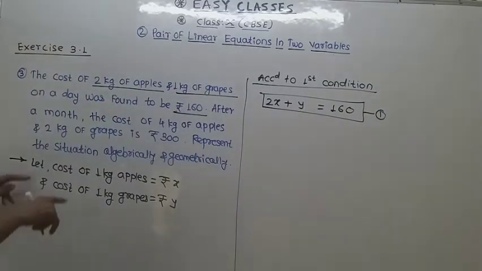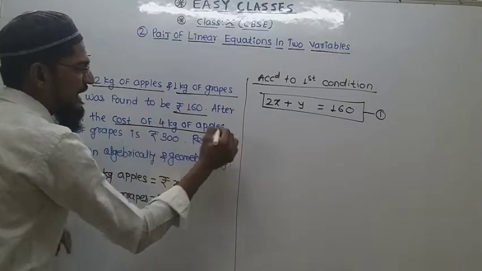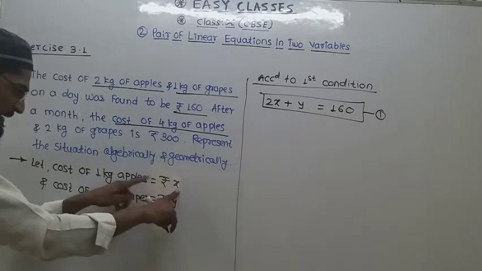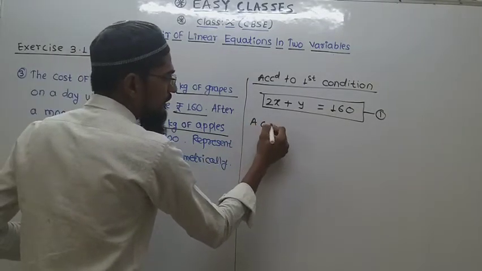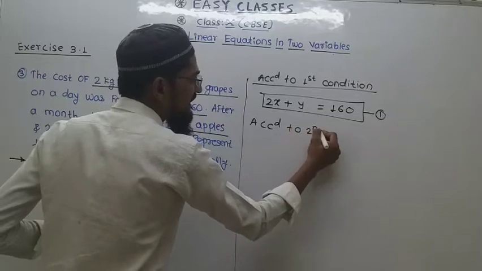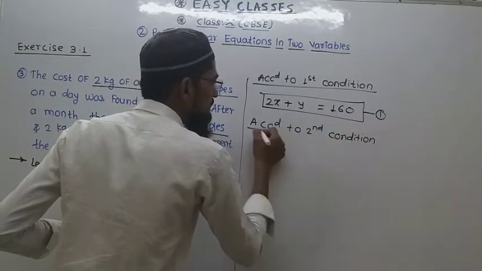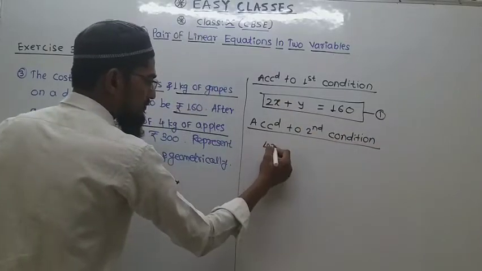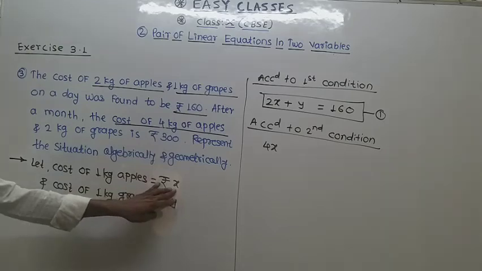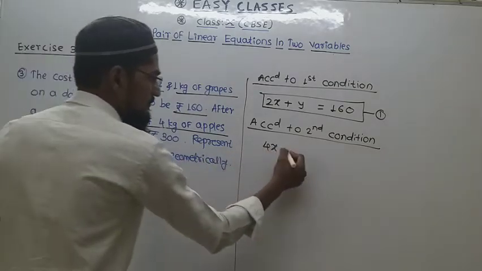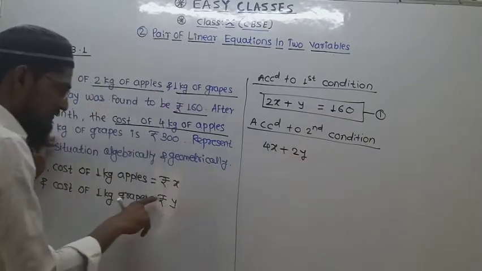Now the second one, after a month, according to the second condition, the cost of 4 kg apples, 1 kg apple for x rupees, so 4 into x, and 2 kg grapes, so plus 2y.